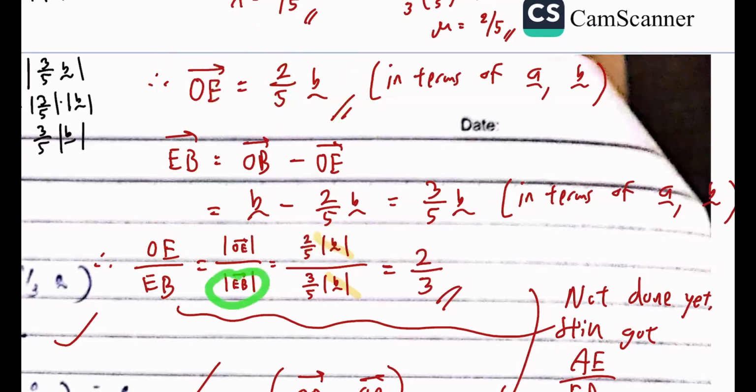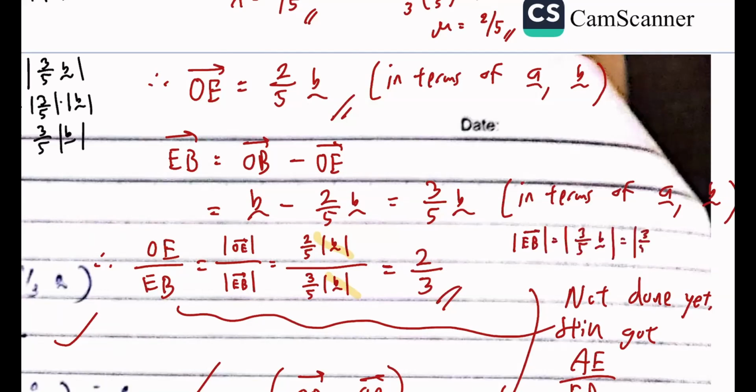Then at the denominator, I have the modulus of vector EB, which means that over here, vector EB is equal to 3/5 of vector b. If I take the modulus, it will be the same as the modulus on the other side. Then the 3/5 can be taken out to become modulus of 3/5, but 3/5 is already positive. So if I write it out, it will be clearer.